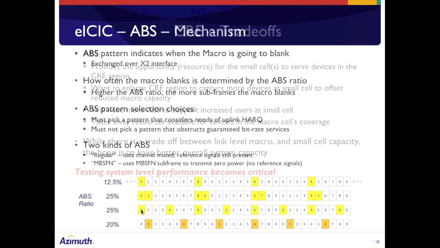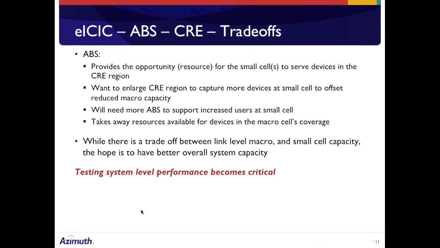So in the MBSFN subframe, we're only transmitting the control symbols, and the rest of the subframe is blank. Now, it does have some restrictions because the MBSFN subframe can only occur in subframes 1, 2, 3, 6, 7, and 8 instead of any subframe like the regular ABS. So that is the ABS as a mechanism.